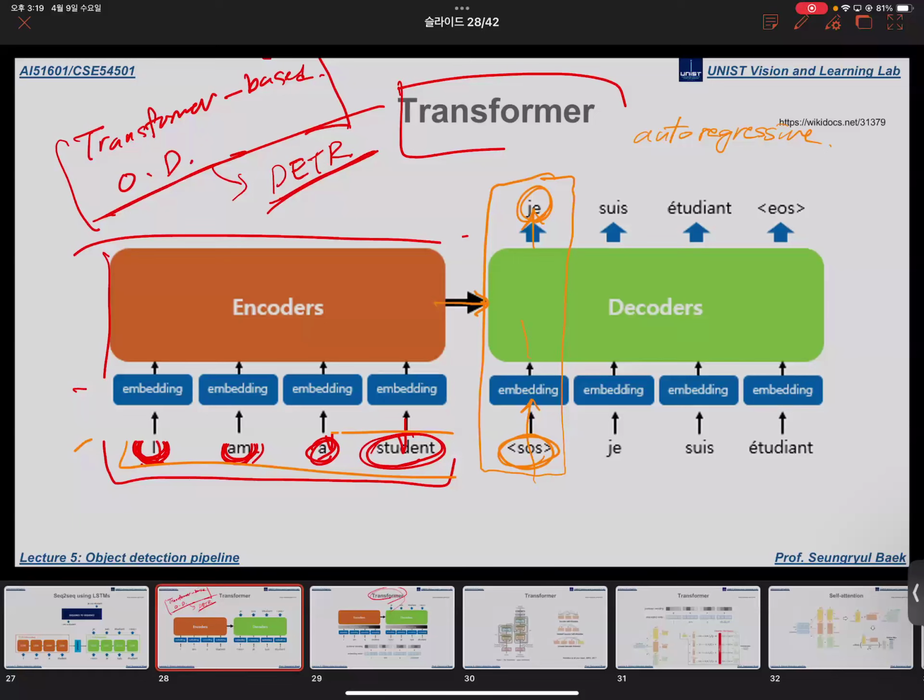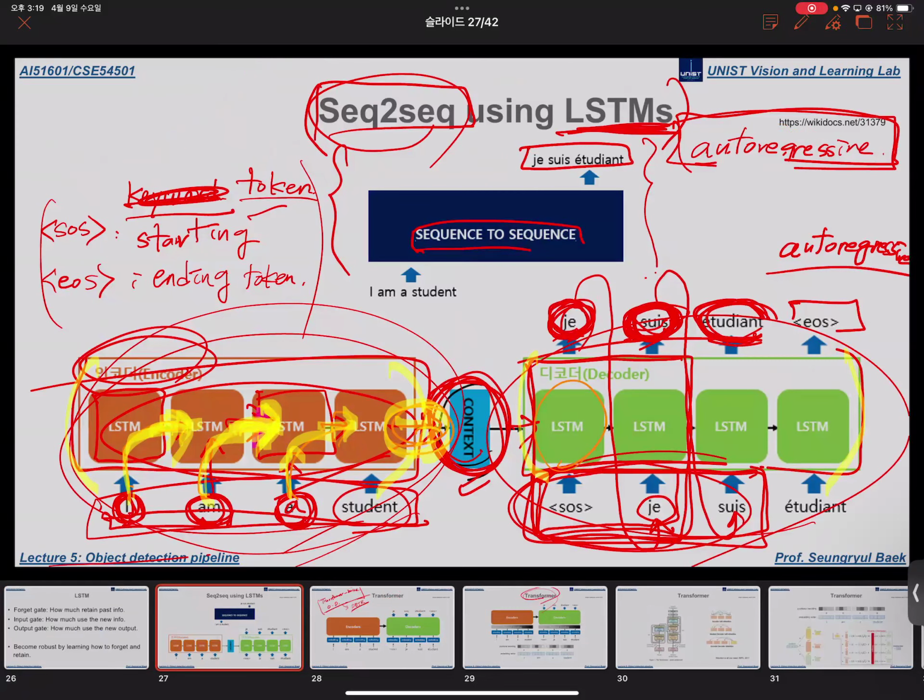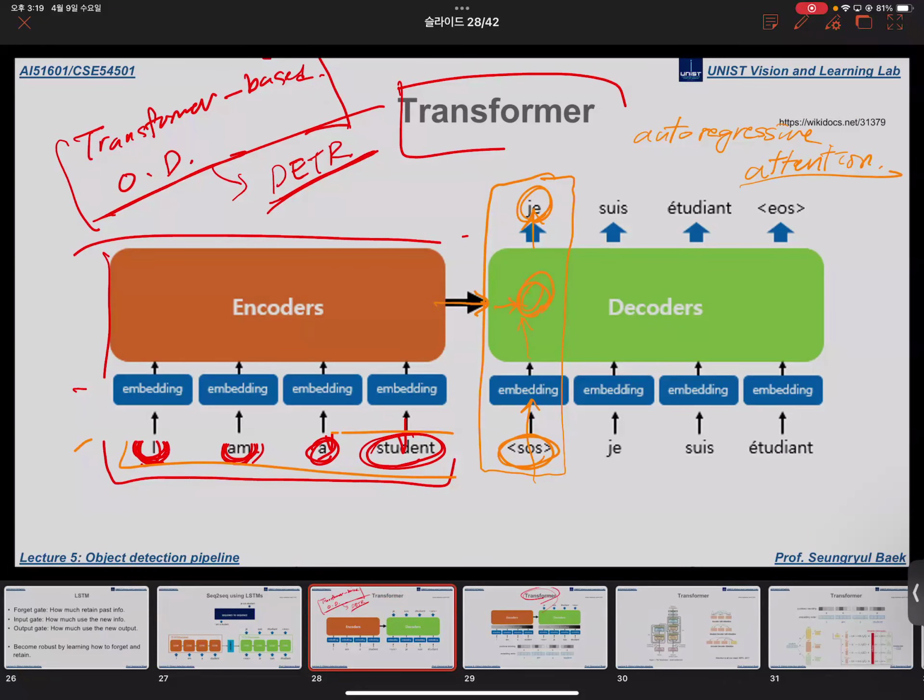Inside the decoder of the transformer, they calculate it as the attention operation. Previously it was the LSTM, and we were applying some linear operation. But here, we are applying the attention mechanism to combine the feature of the input signal and the starting token to get this. But it anyway works in a sequential manner for interpreting each output.